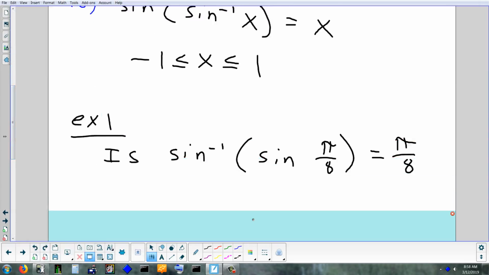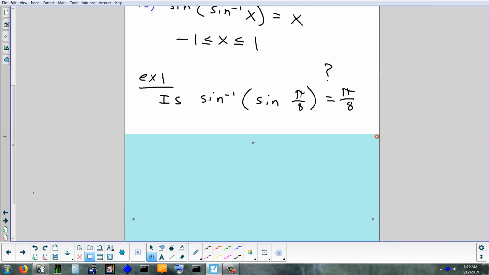So let's look at really two different ways you could see a question like this on the test. Example 1 says, is the inverse sine of the sine of pi over 8 equal to pi over 8? So I'm basically asking if those two things cancel out. All you have to do is check your angle and see if it's what it should be between.